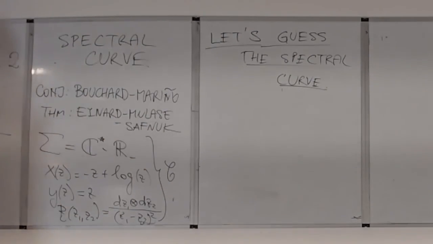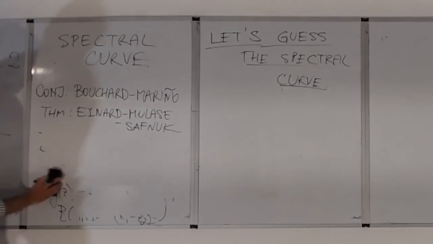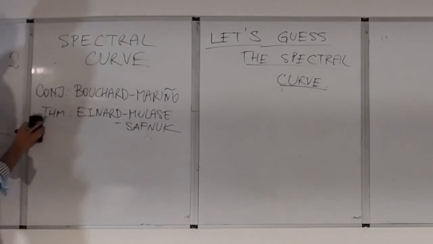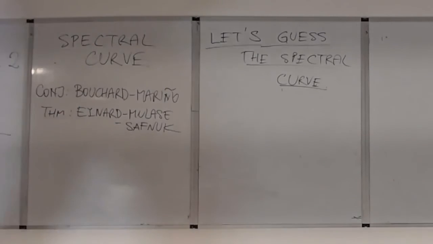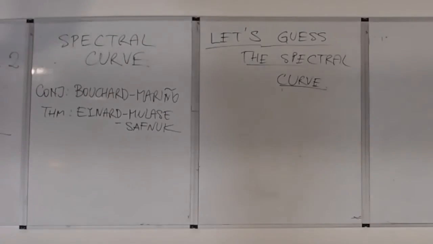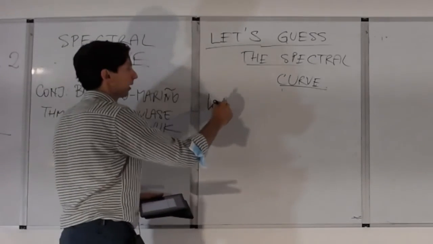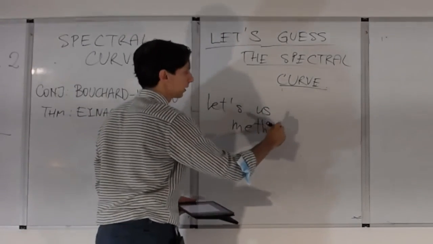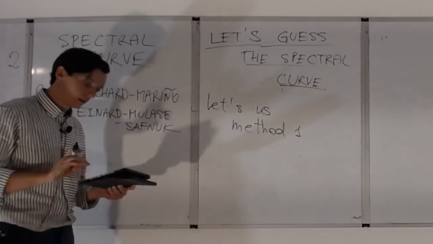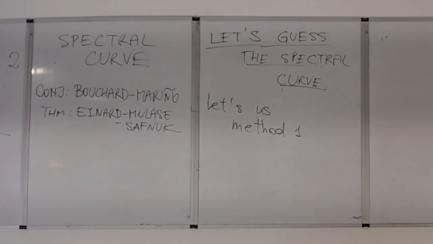And we just have, let's erase it. Otherwise we cannot guess it. You didn't write it, right? Okay. So let's use method 1.